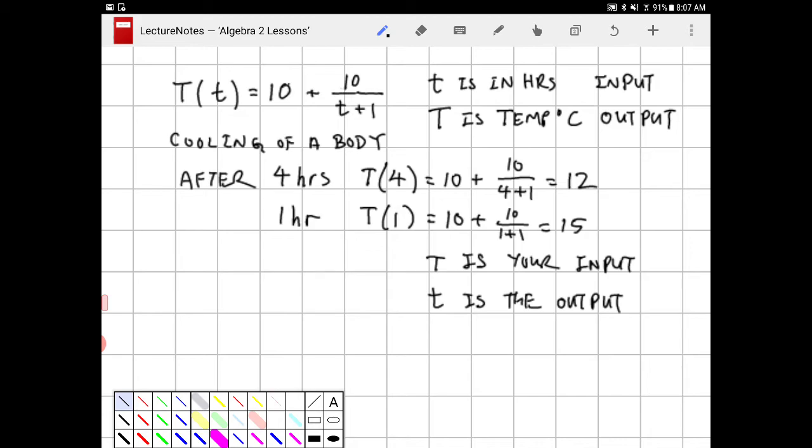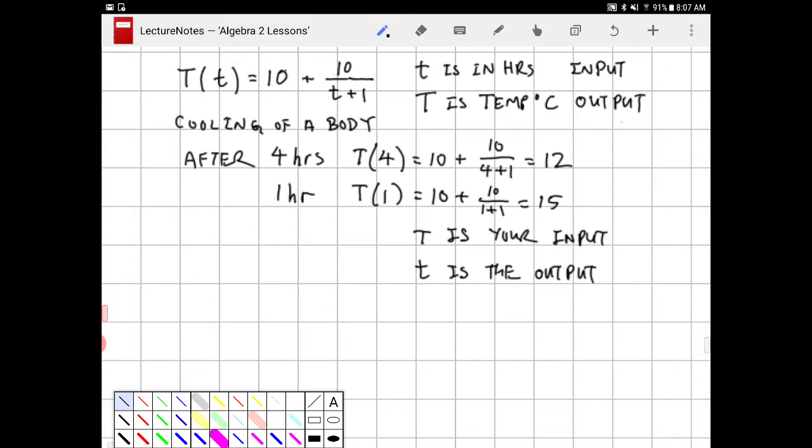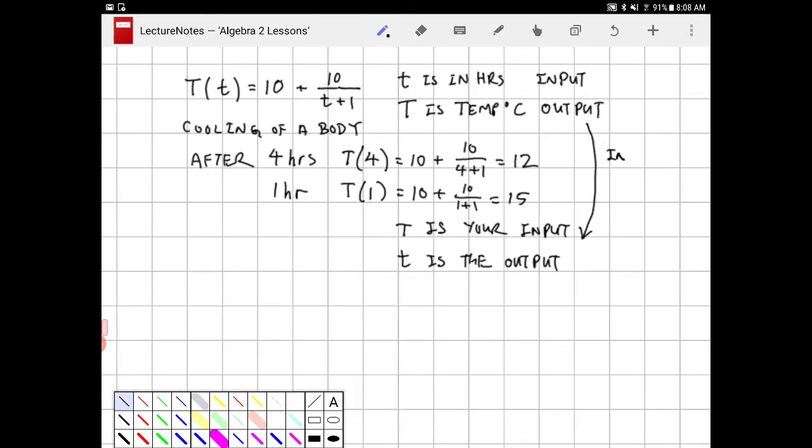Do you see the application and the versatility there? Because of this, we need the inverse function. So we're going in reverse.